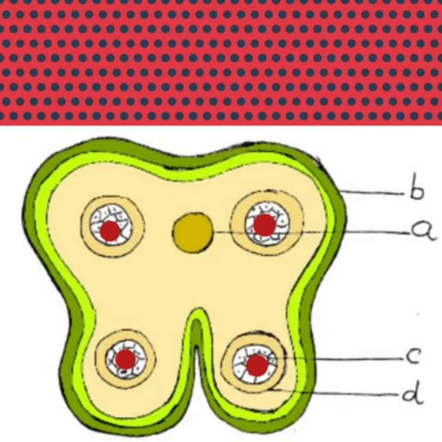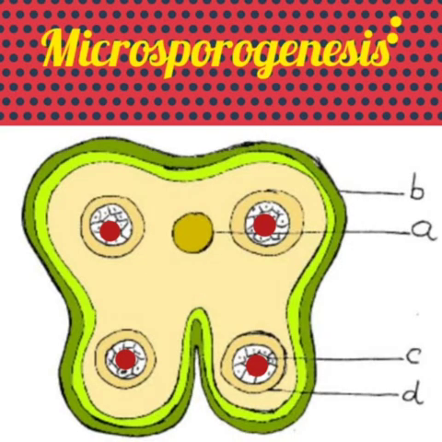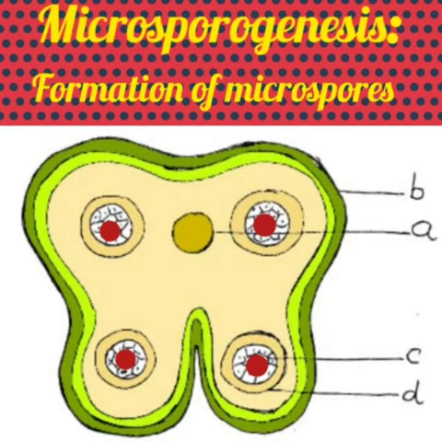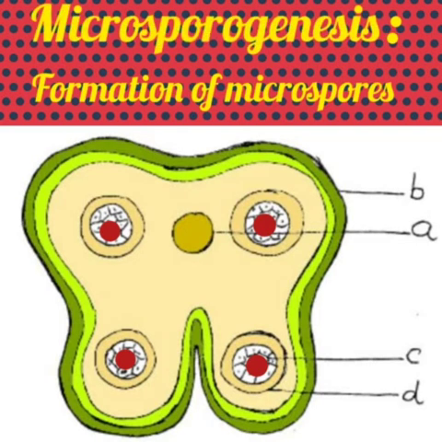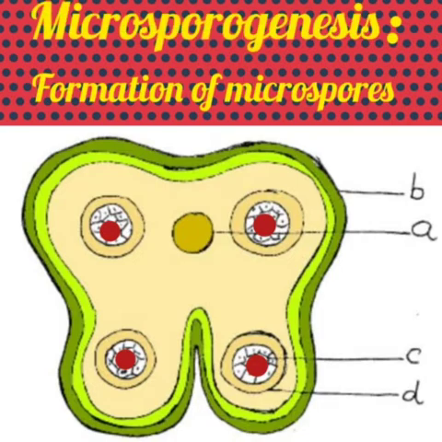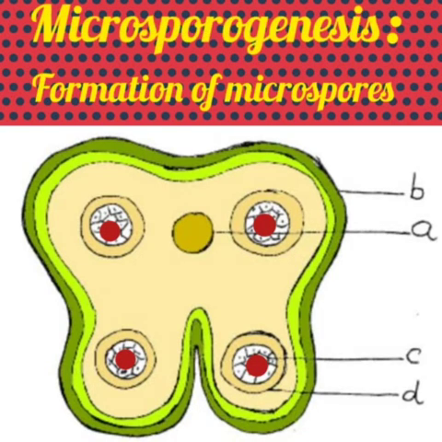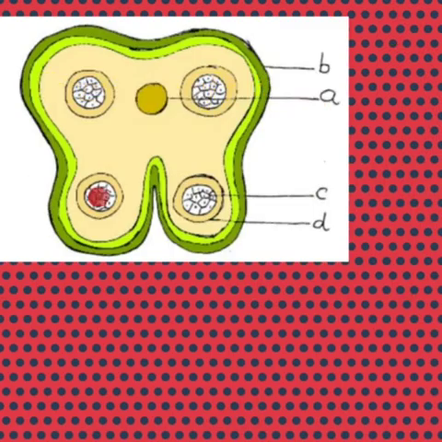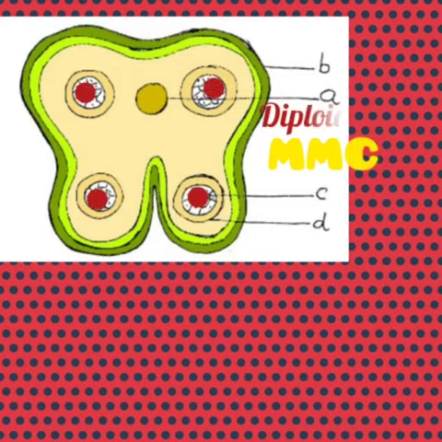Now students, let us see how these microspore mother cells give rise to microspores. That is the process of microsporogenesis. These microspore mother cells are diploid cells, which means they have 46 chromosomes.